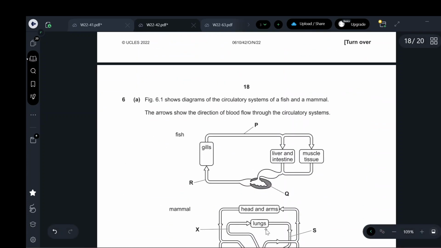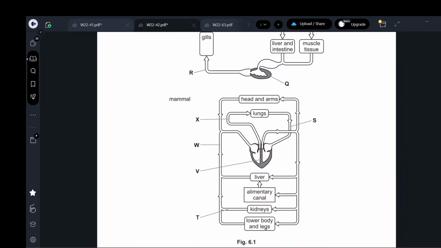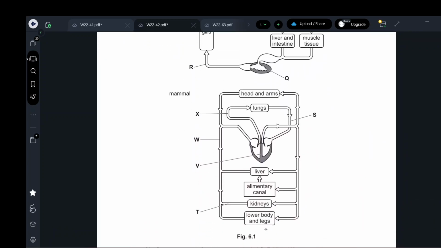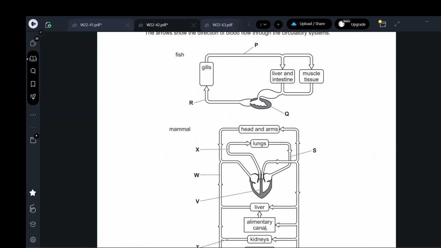The last question shows a diagram of a circulatory system in a fish, which is the single circulation, and a mammal, double circulation. State the names of Q, T, W, and X. Q, this is the heart of the fish.